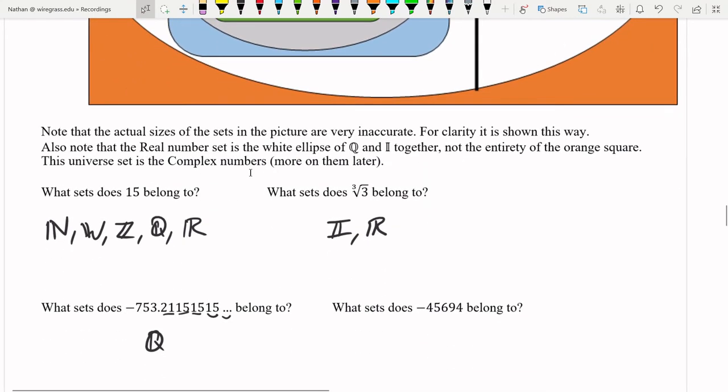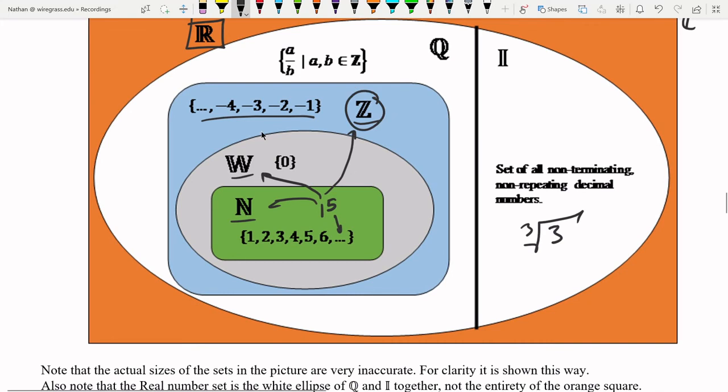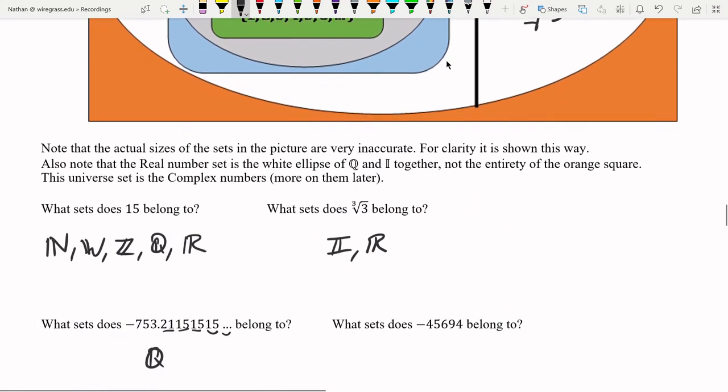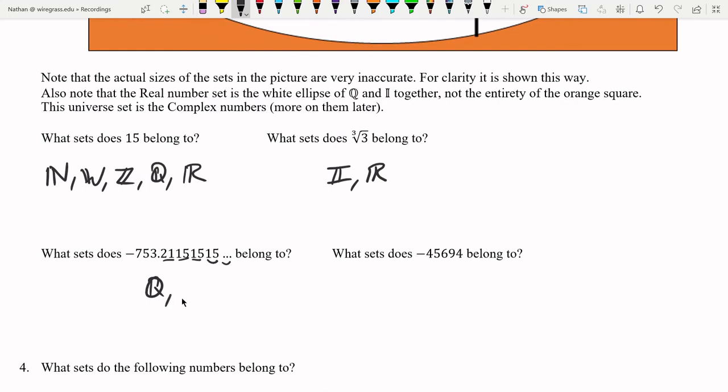But it cannot be an integer, right? Integers have no decimal part. That means the smallest subset it's contained in is the rationals. If it's a rational number, it must also be a real number. So it's rational and real.